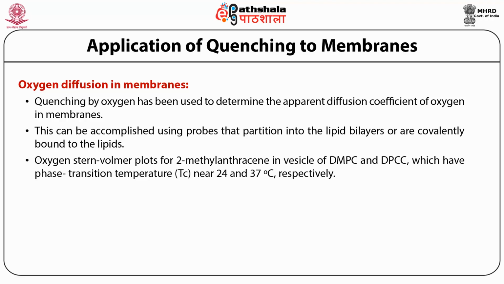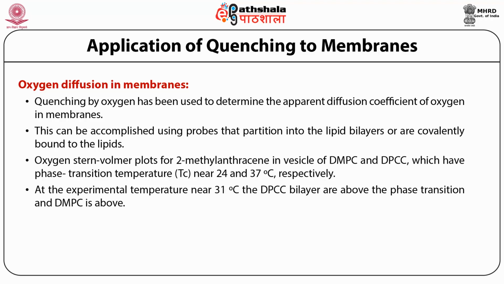The oxygen Stern-Volmer plot for 2-methylanthracene in vesicles of DMPC and DPPC is shown in the next figure. They show a phase transition temperature, that is, with temperature there is a transition in phase, near 24 and 37 degrees.